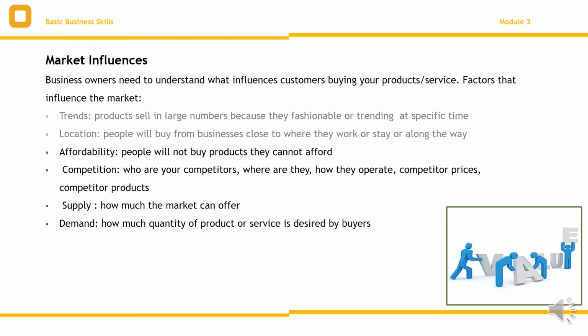An example, if a certain group of people prefer having fruit juice every day, they would rather purchase 5% fruit juice rather than buying 100% fruit juice because the 5% is much cheaper. So affordability is an important factor that you need to consider because customers will always buy products and services that they can afford.